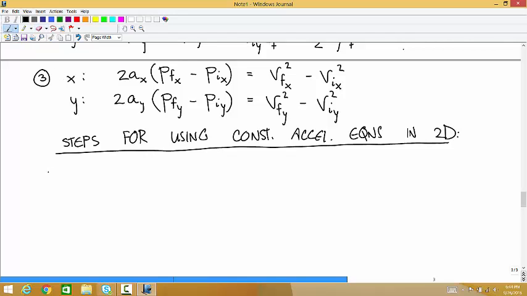So the first step, we have to make those 4 choices. They're not exactly the same thing, but they're sort of 2-dimensional versions of all the things that we did in 1D.